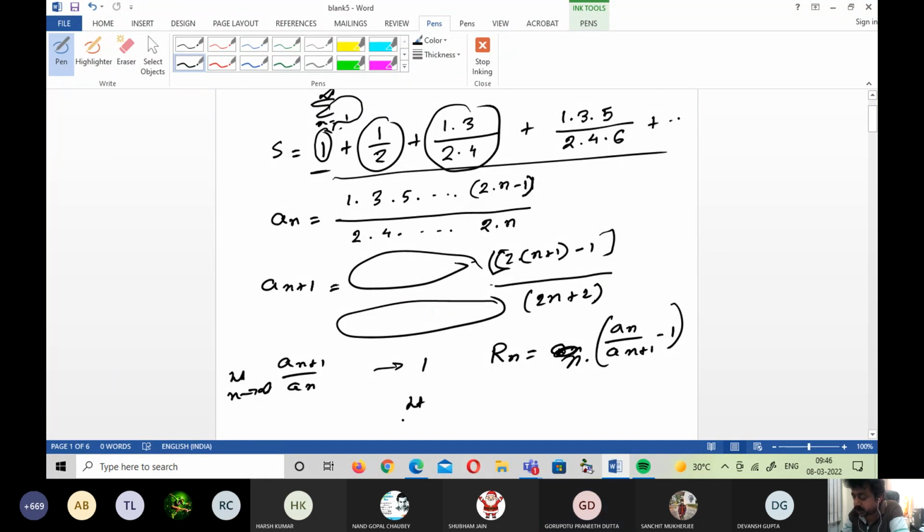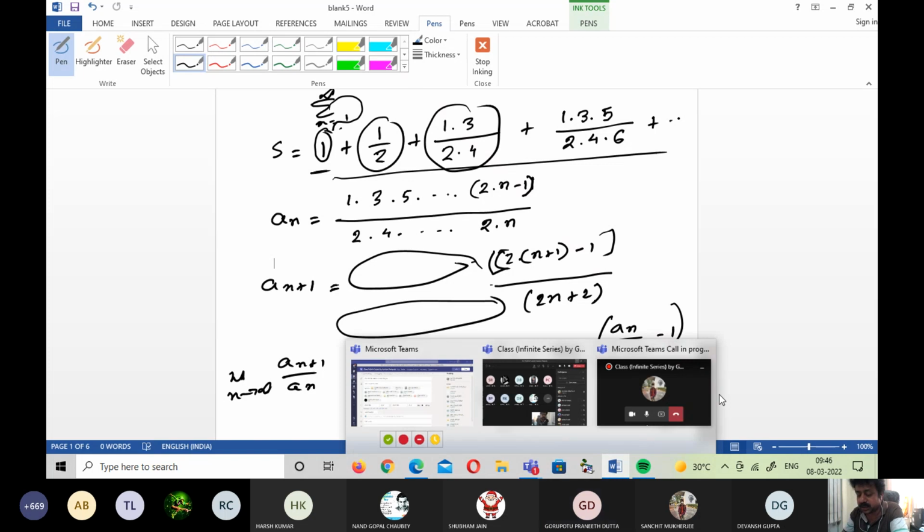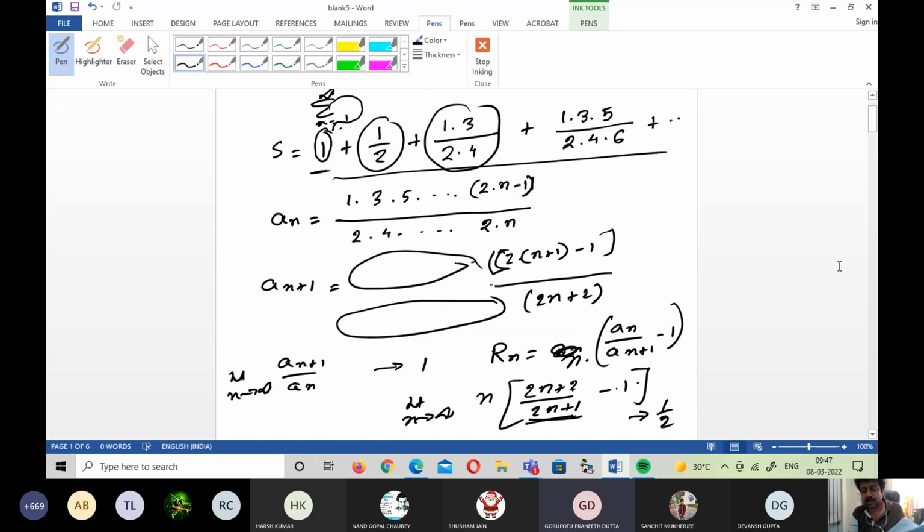This is basically limit n tends to infinity, n into (2n plus 2 by 2n plus 1 minus 1). You have to calculate the value. 2n plus 1 at the denominator. So 2n plus 2 minus 2n plus 1. So now here you just see it tends to half. That means the series is divergent, that is R is less than 1. The series is divergent.